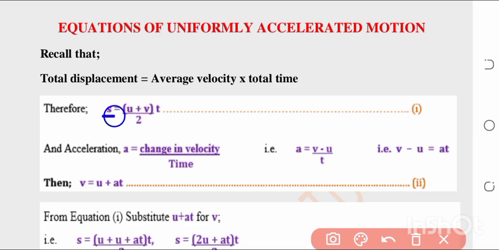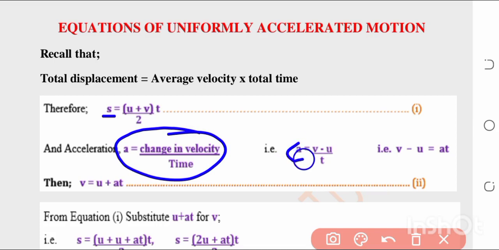This comes from the definition of acceleration as well. As we know, acceleration is the rate of change in velocity, or we can put it another way by saying change in velocity with respect to time. That is what we have on the screen here, and we can represent this with a mathematical equation. A is the symbol for acceleration, and when we say change in velocity, it means we have more than one velocity, like in the case of average velocity.